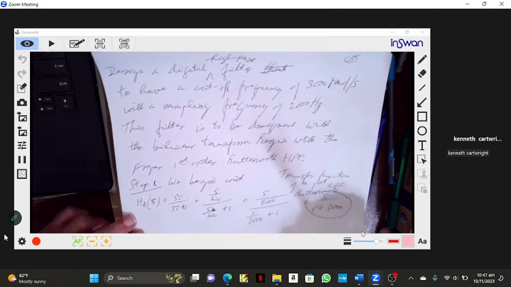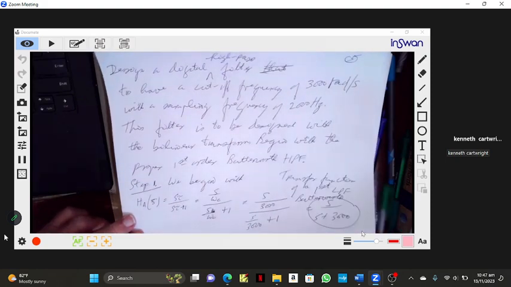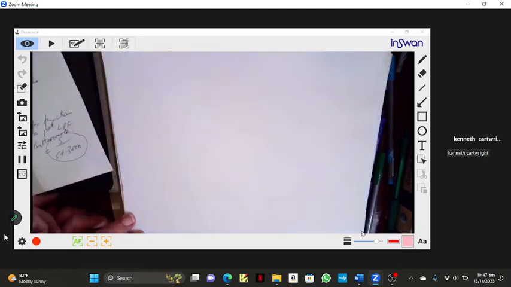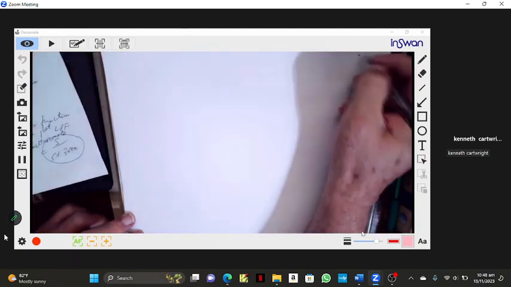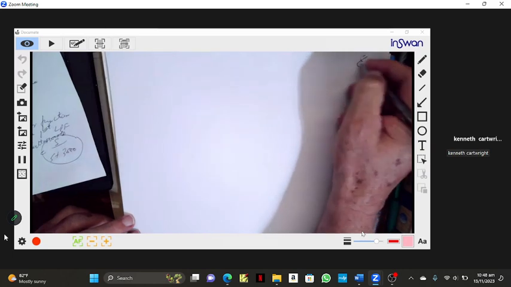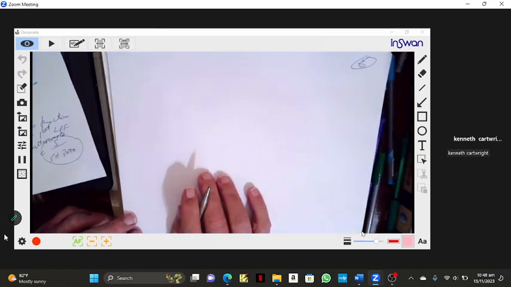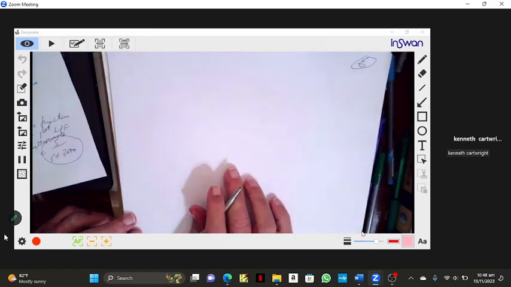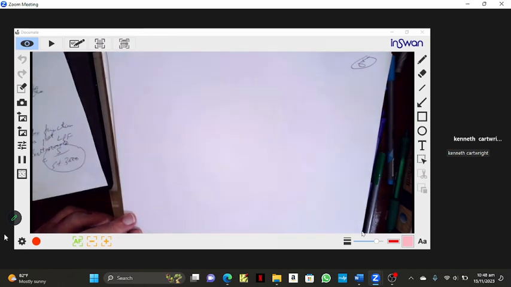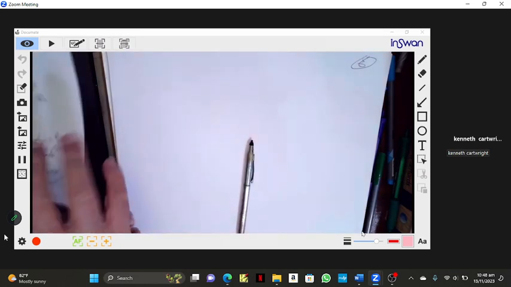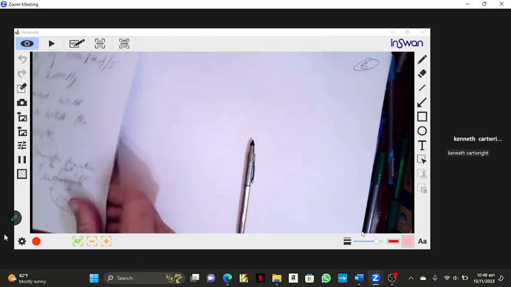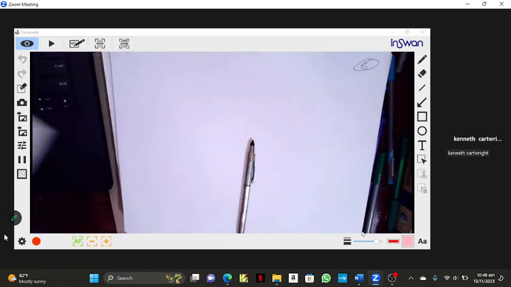But before we do that, let's find the transfer function another way. Let me remind you again, because I'm sure you've forgotten how we get transfer functions of common filters.